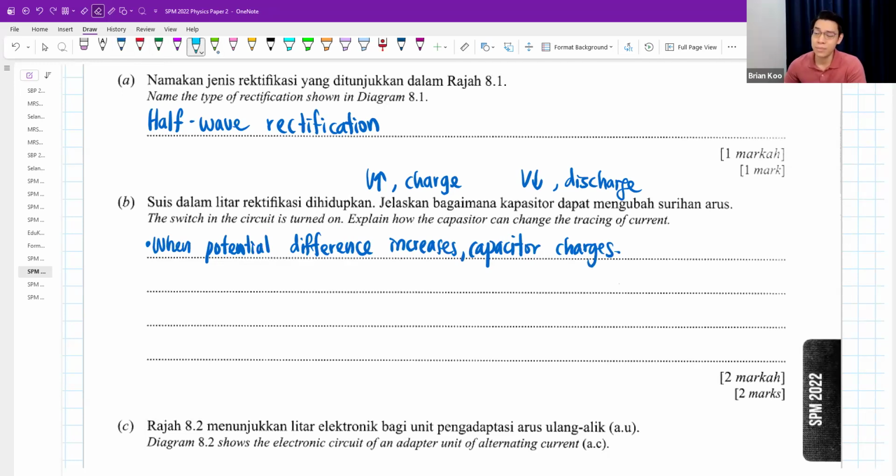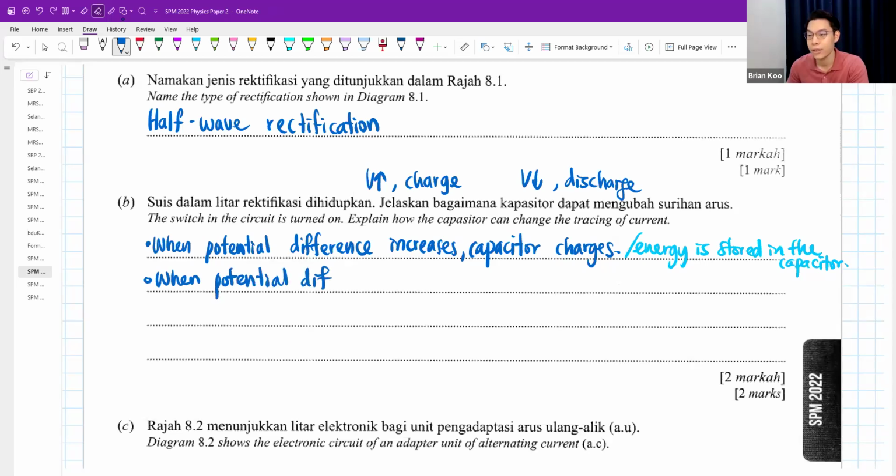Or you can also say, it's like a power bank, right? So you can also say energy is stored in the capacitor. Okay. So 1 mark already. Another one is when potential difference decreases.